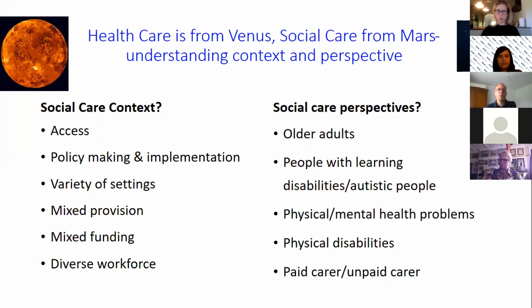Social care is delivered in a variety of settings, including people's homes, residential and nursing homes, in the community, and also NHS settings. Social care services are a mixture of statutory, private and independent sector and third sector provision. Funding is also mixed, some of which is funded by the state, and there is a large growth in self-funders.